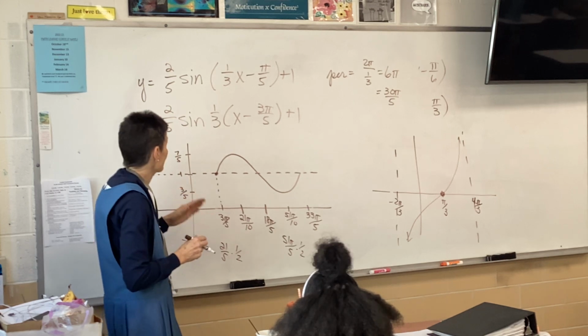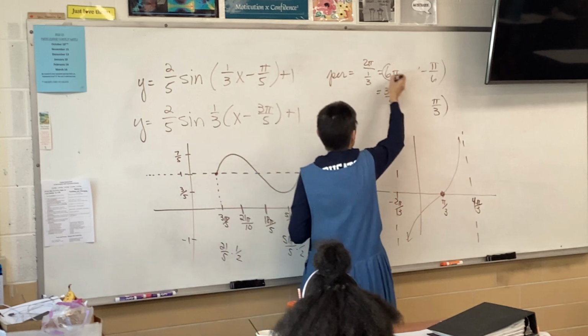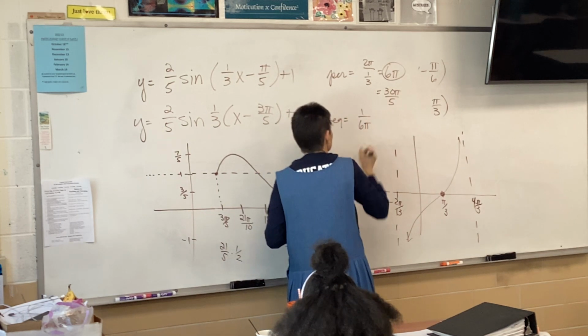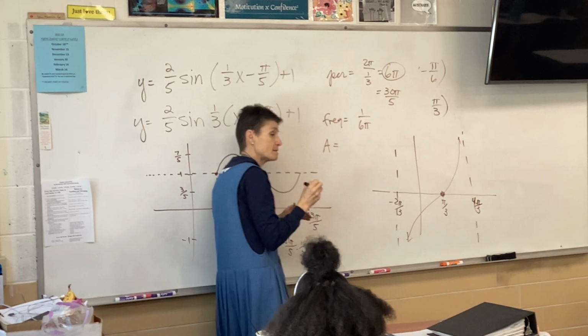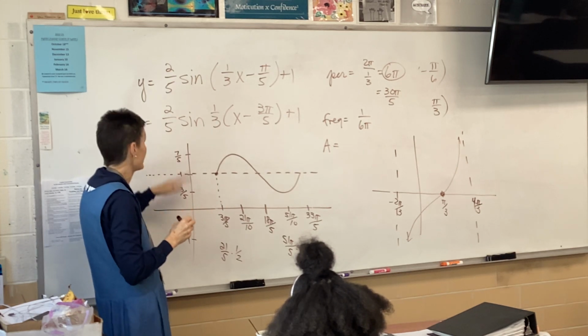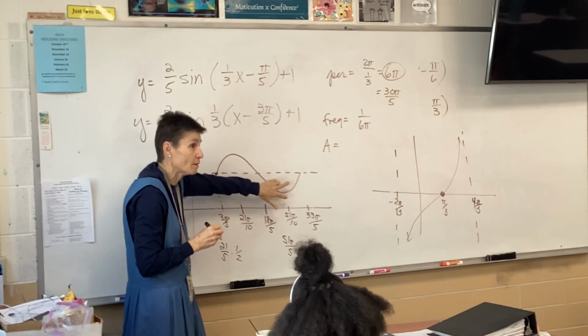All right, let's fill in all the stuff. We already did period. Here was our period, so our frequency is 1/6 pi. Now be careful on the amplitude. Even though you didn't label it 2/5 and -2/5, that number's still your amplitude. Isn't that how high these waves are?